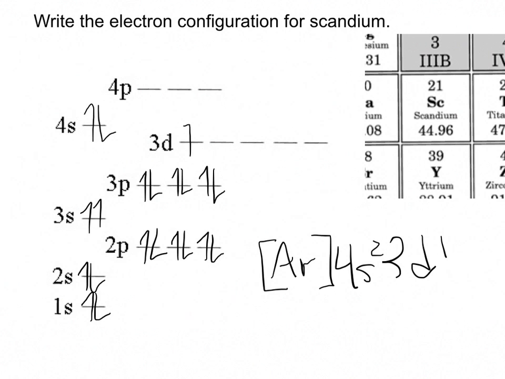Now this is kind of weird because the 3d orbital is at a lower energy than the 4s orbital, but the 4s fills up first, and then the 3d fills up. Now there is a reason for this, but that's beyond the scope of this video. But just remember that the 4s, the s orbital, will fill up before the d orbital.